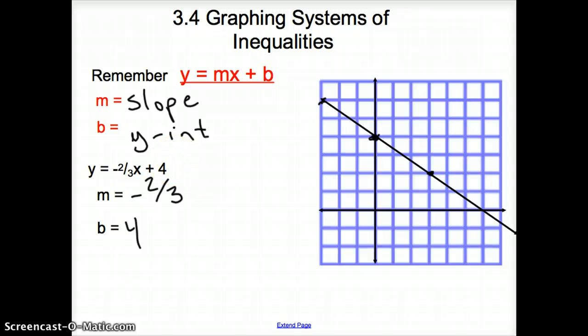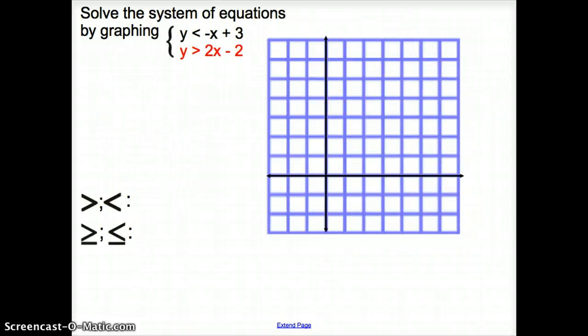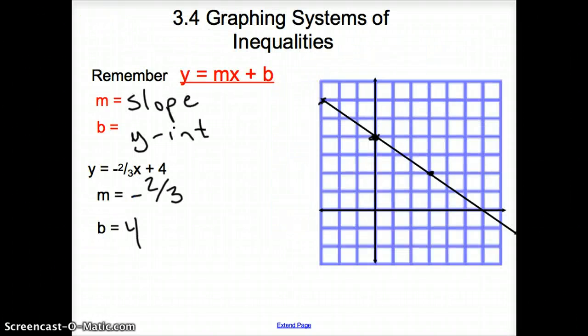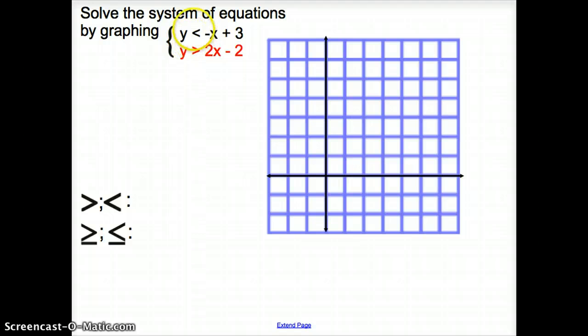Now we're going to get into a system of inequalities. And for this first one, it's the same exact thing as an equation, except it has an inequality, a less than sign. So I'm going to start with my y-intercept.